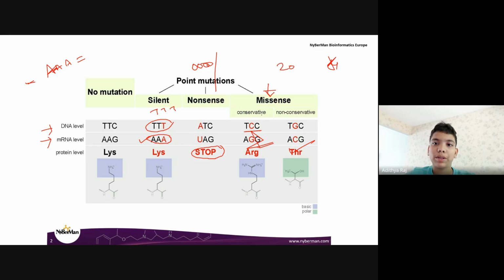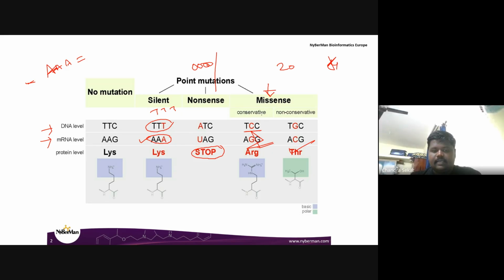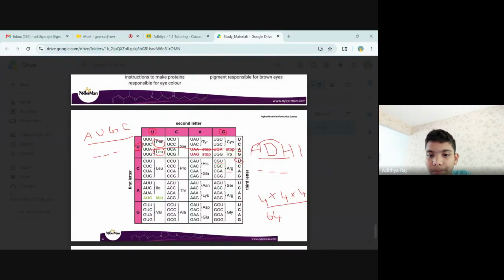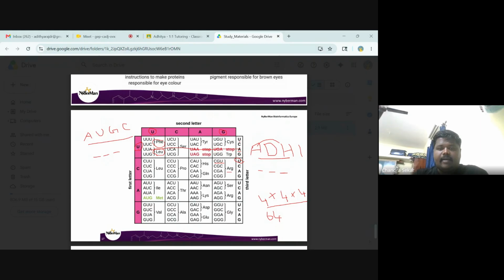Yes, exactly. Can you see the top corner, UGU, UGC, correct?